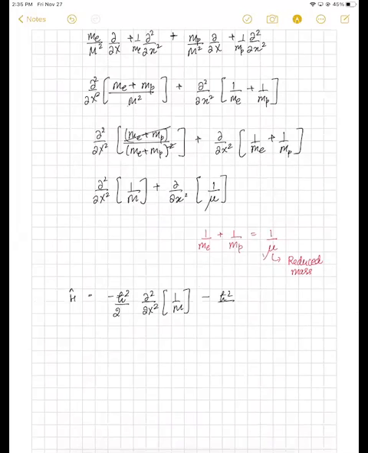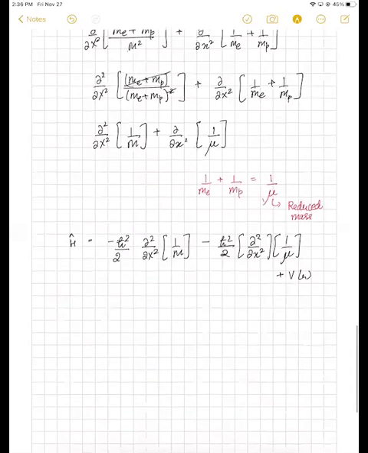Again, minus h bar squared by 2, and then mu, plus our favorite potential energy term. Just rearranging it a little nicely, we get 2M.